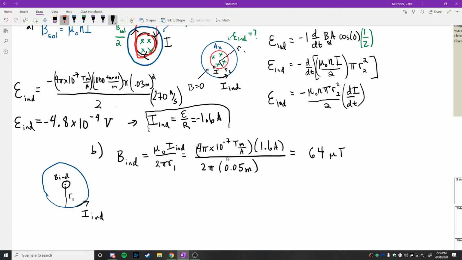That was close. And Tesla is the unit for the magnetic field. Okay. Does that all make sense to everybody? Does anyone have any questions?